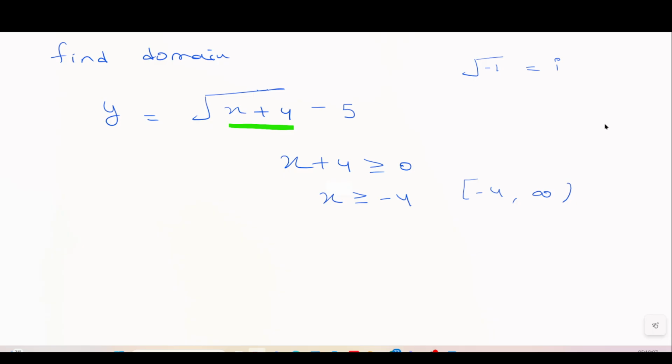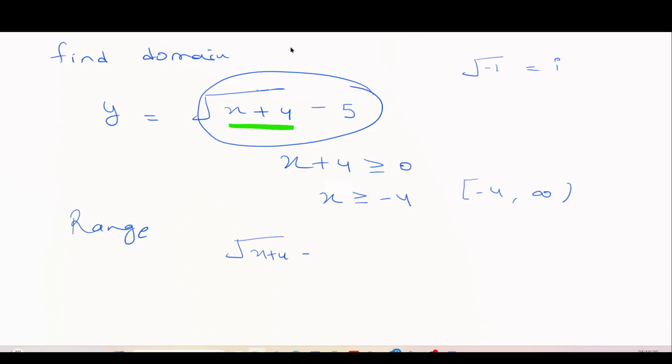And for range, range means all possible y values. So for range you have to put the whole thing, square root of x plus 4 minus 5, greater than or equal to 0, because this is the whole y, right?